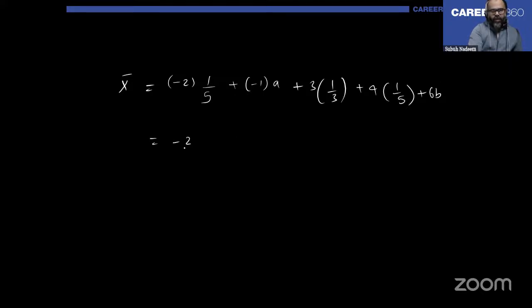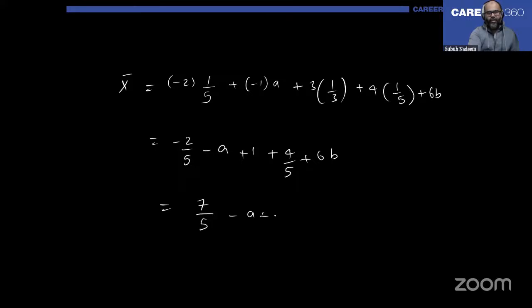So this will give you -2/5 minus a plus 1 plus 4/5 plus 6b, which will become 4/5 minus 2/5 is 2/5. 2/5 plus 1 is 7/5. So 7/5 minus a plus 6b. This is what we'll get. 7/5 is 1.4.